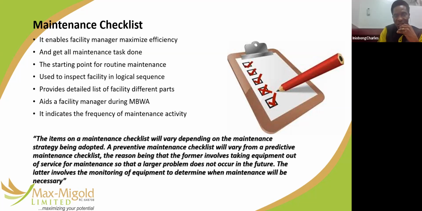For a facility manager, management by walk-around is important. In fact, inspection is one of the most important items in his JD. You must walk around. In fact, facilities management is about inspection, it's about walking around.